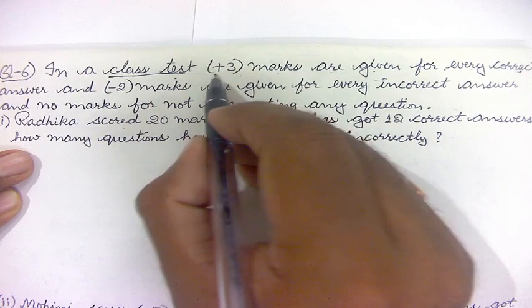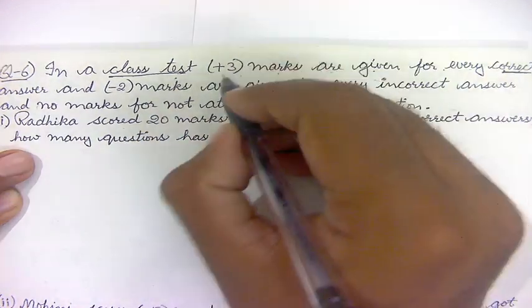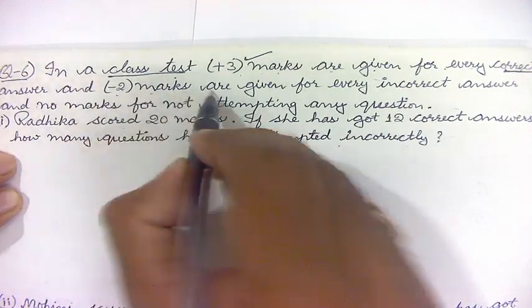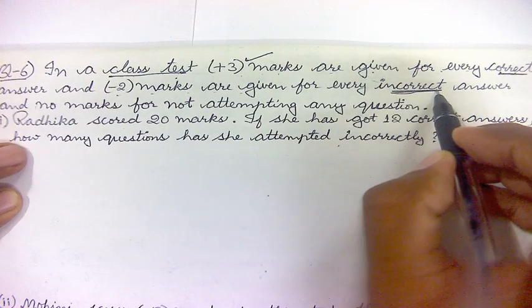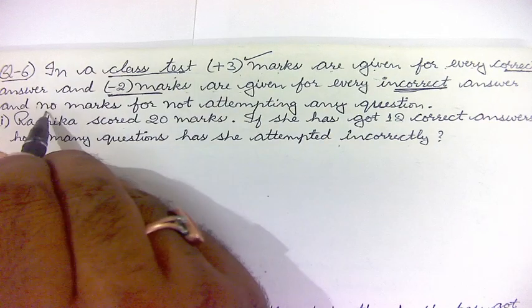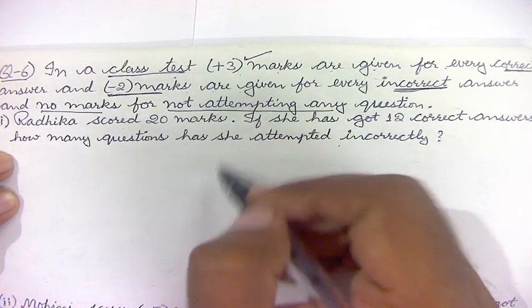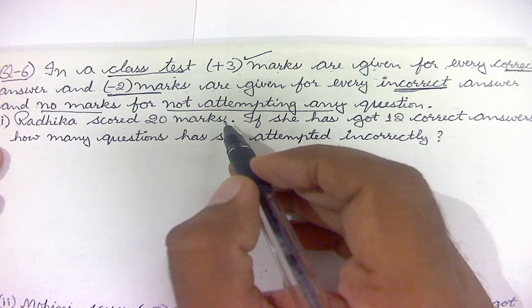In that class test, if you are having a correct answer, you get +3. And -2 marks are given for every incorrect answer. So if your answer is incorrect, then you are getting -2 marks. And no marks for not attempting any question. If you are leaving any question, then no marks will be given.